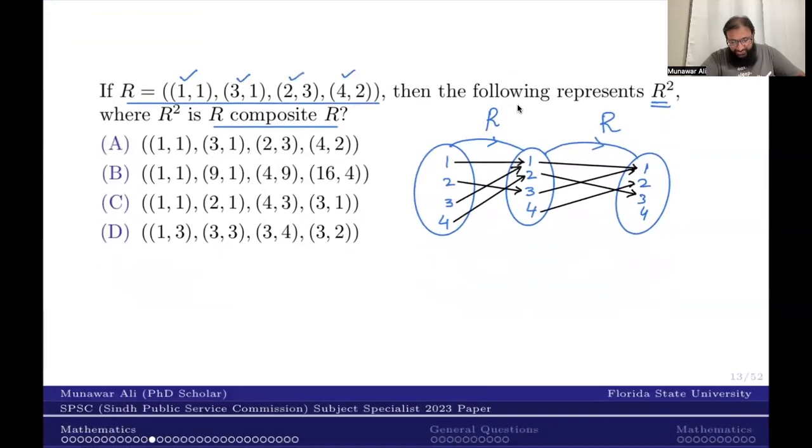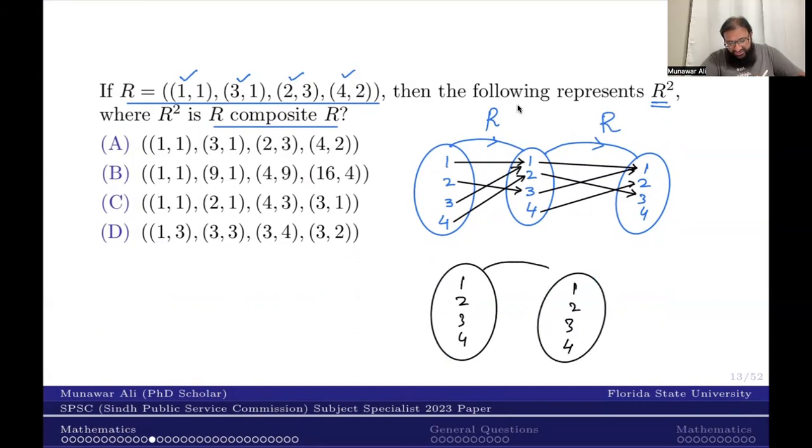So what am I going to do? So this is my set 1, 2, 3, 4, the domain set. And the codomain set is 1, 2, 3, 4. And I'm interested in finding out what is the relationship R2, which is simply R composed with R. So you can see 1 goes to 1 and 1 goes to 1.